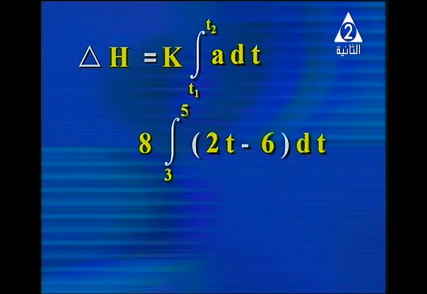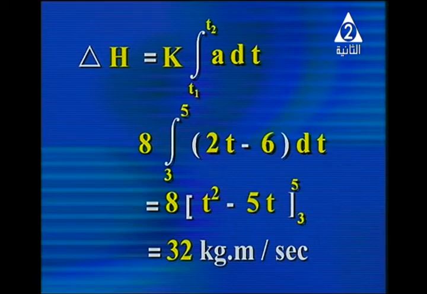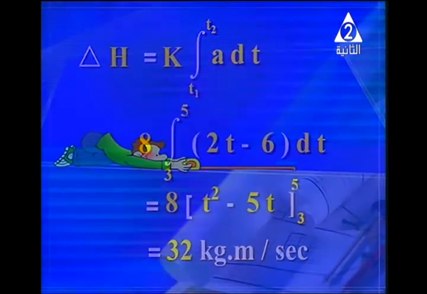We know that acceleration A is a function of t. The acceleration is 2t minus 6. K equals 8. Definite integration from 3 to 5. Then the integration of 2t minus 6 equals t squared minus 6t, from 3 to 5. By substitution, it equals 32 kilogram meter per second.